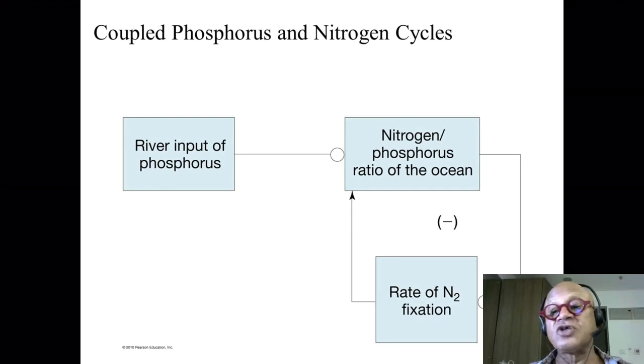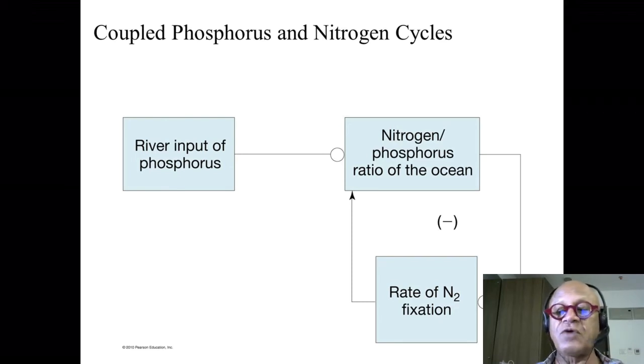Okay, so the coupling between nitrogen to phosphorus ratio and the rate of nitrogen fixation is also negative, because if nitrogen to phosphorus increases, the rate of nitrogen fixation goes down. If there is more nitrogen, then they don't need to fix as much.